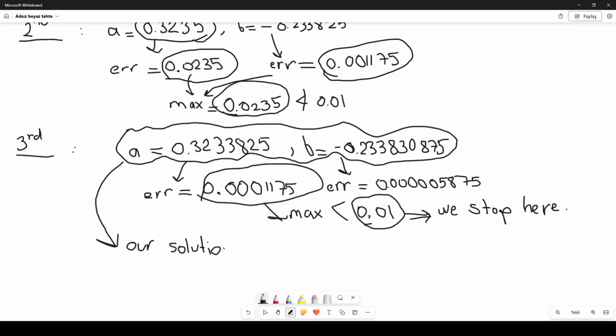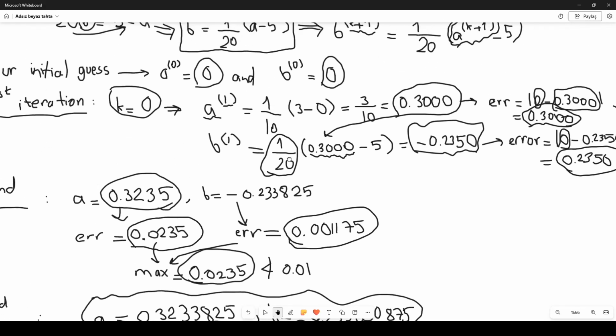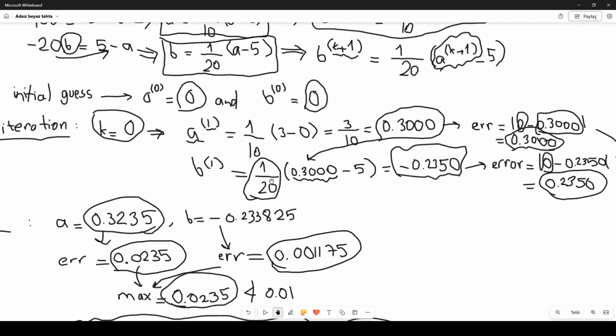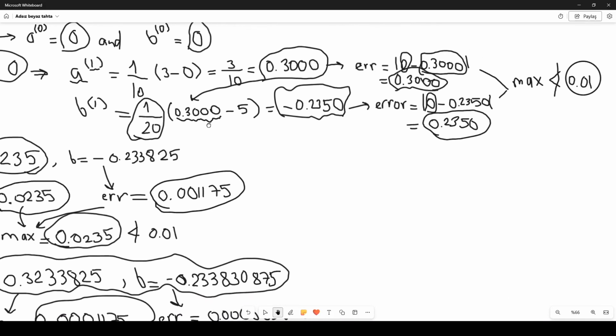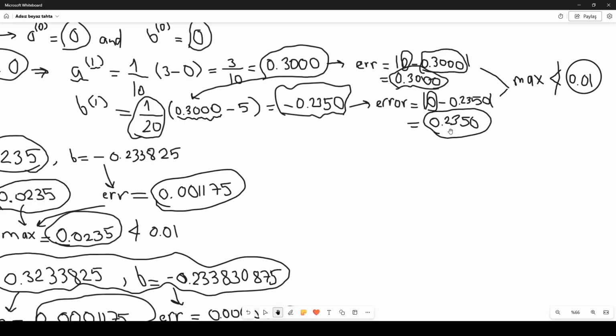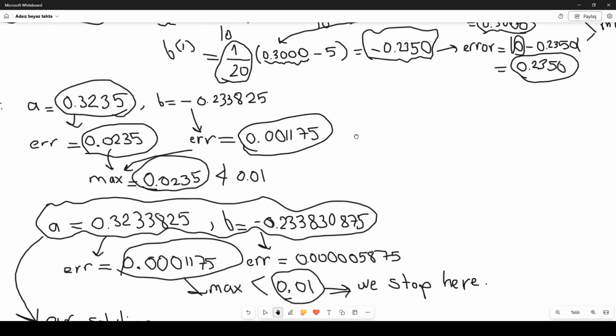And of course, if you choose an even smaller error tolerance, we can continue to iterate. Or if we use a larger error tolerance, then we can stop our computation earlier. It depends on the way that we choose our error tolerance. Okay. And one thing to notice here: in the very first iteration, we start with the values of 0 for each unknown variable, and at the end of the first iteration, we find 0.3 and 0.23 for the unknown variables respectively.